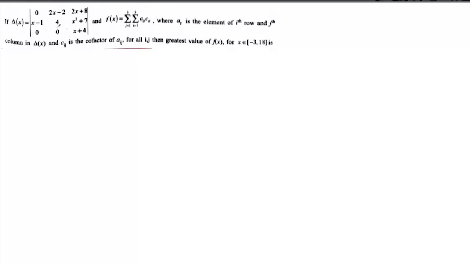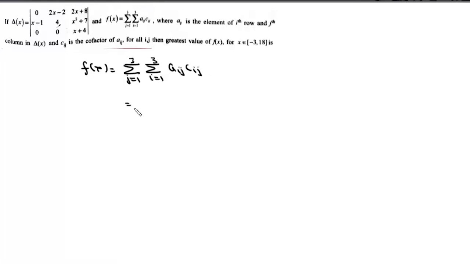Now here the question is, we are given this determinant which is 0, 2x minus 2, 2x plus 8, x minus 1, 4, x square plus 7, 0, 0 and x plus 4, and this function f(x) is this summation j varies from 1 to 3, and then this summation i varies from 1 to 3, of aij into cij.